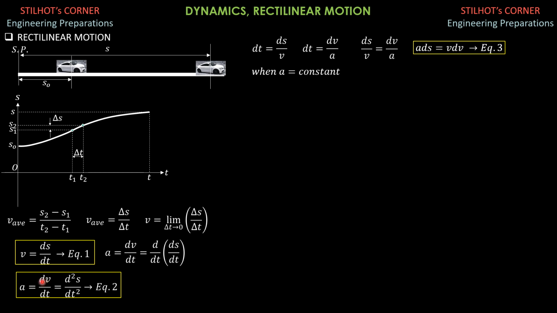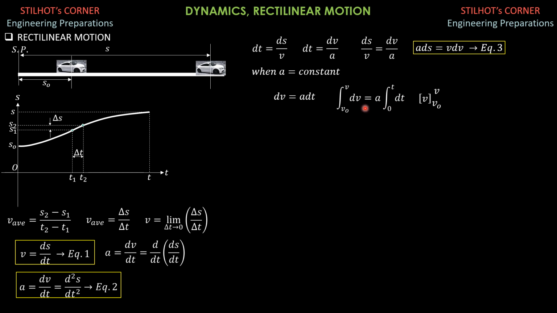equation 2, that dv is a dt. Then integrating dv with limits v0 to v, and we put a before the integral sign, integral of dt with limits 0 to t. So the integral from v0 to v of dv equals a times the integral from 0 to t of dt. The integral of dv is v, so with limits v0 to v, that's v minus v0, and the integral of dt of course is t, so the right side is at.